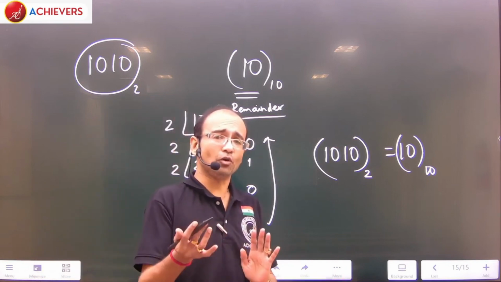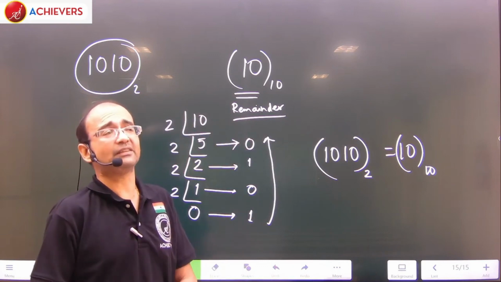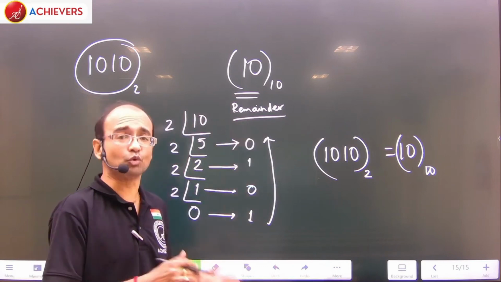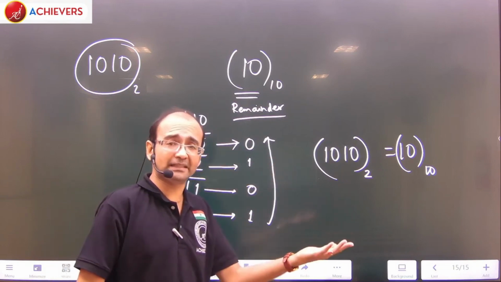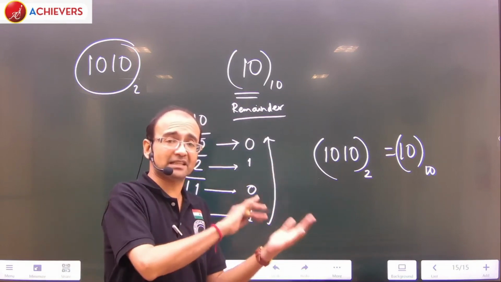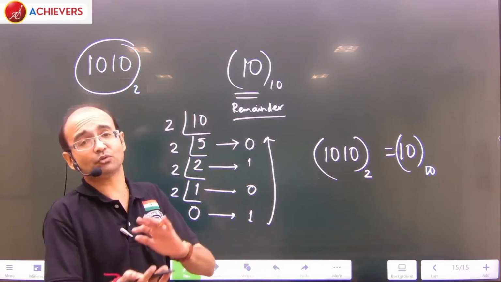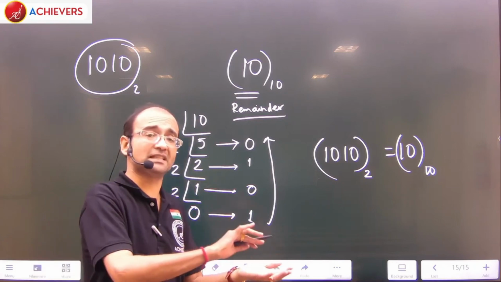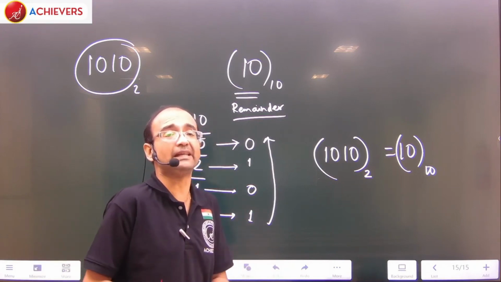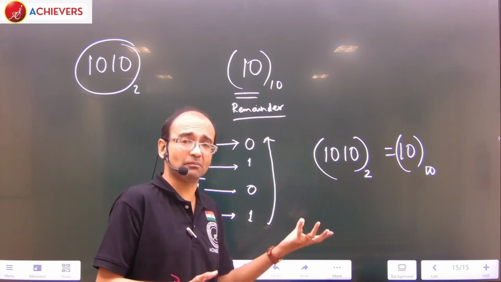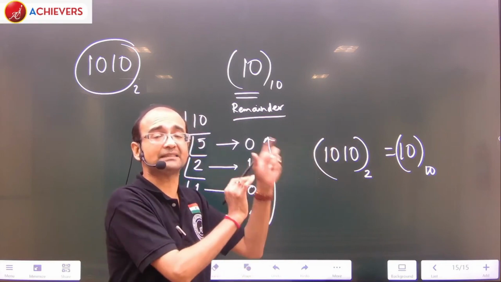Just follow my next video, in which we will take some other examples of decimal number system to octal, decimal number system to hexadecimal, or decimal number system to other number systems. How can we find out the equivalent of those number systems with respect to a decimal value by dividing by the number system value?